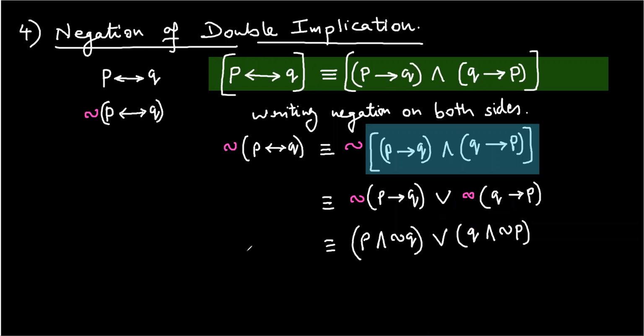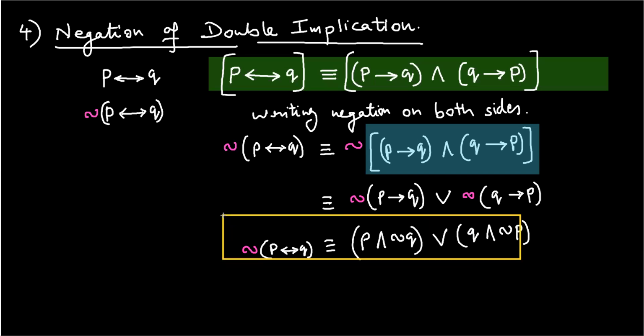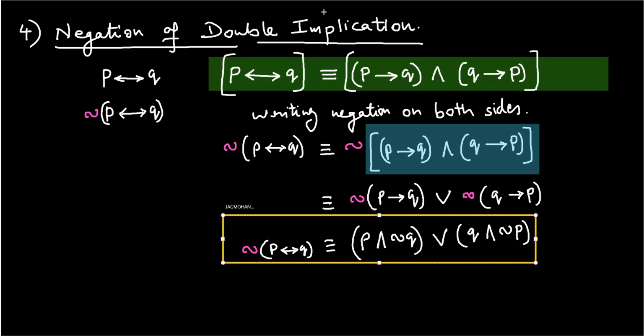The left hand side is negation of P double implication Q. So my dear students, we got the final result here. The final result is: negation of P double implication Q is P and not Q, or Q and not P.